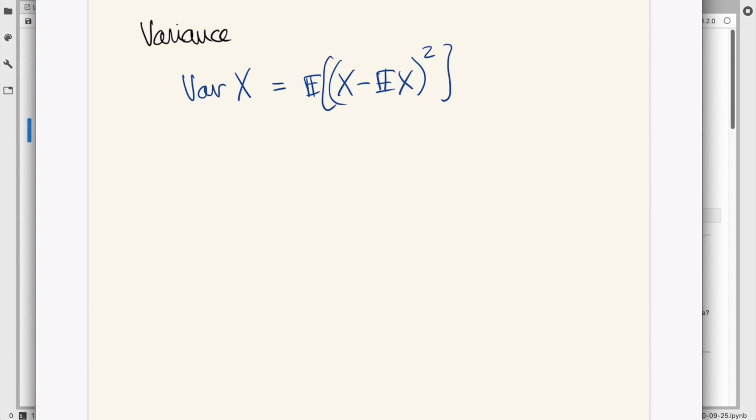So in other words, if the distribution of x has masses, let's say here, here, and here, then perhaps the mean is somewhere like that. And then we measure these distances from the probability masses to the mean. We square them, and we average them according to the amount of probability mass at each location.